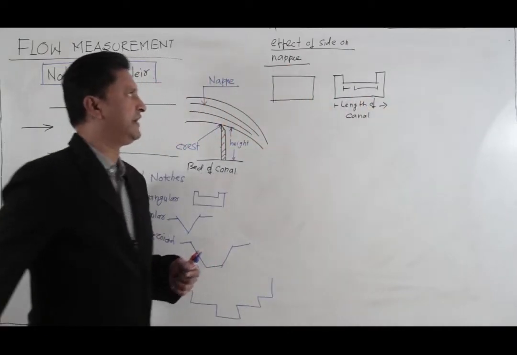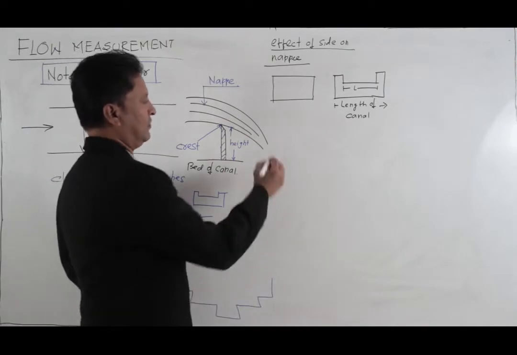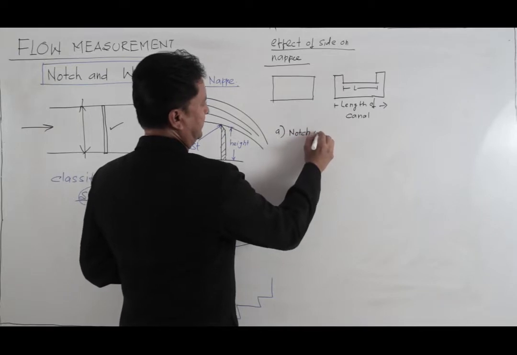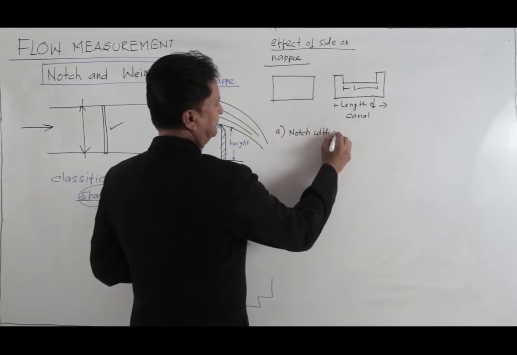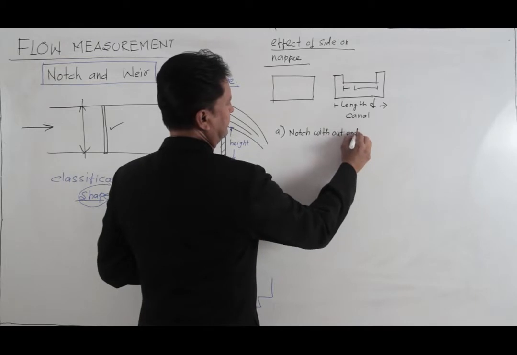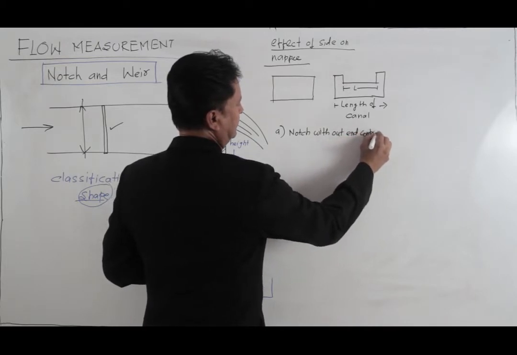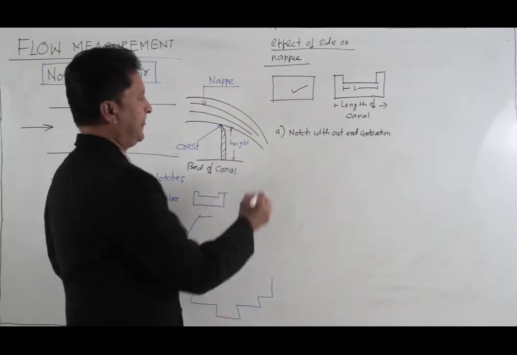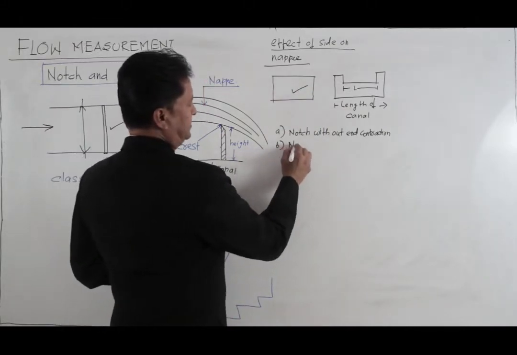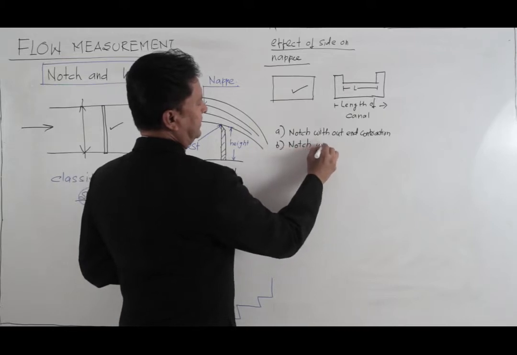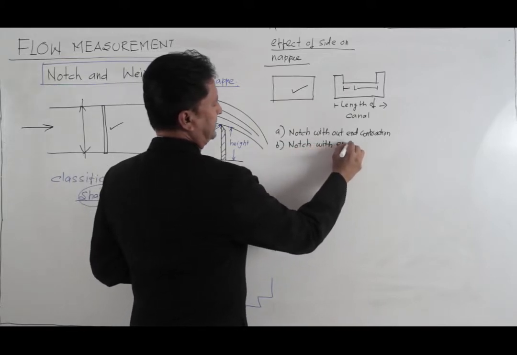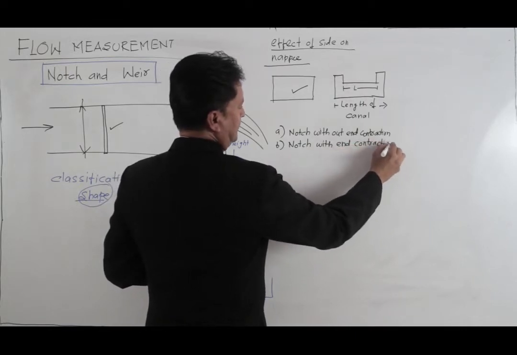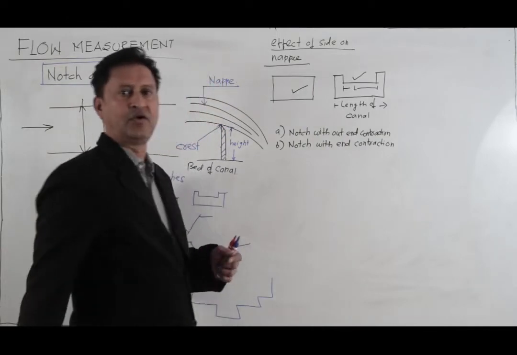Now based on the effect of side on the nappe, you get one as notch without end contraction, this one, there is no end contraction, and second will be notch with end contraction. So this will be a notch with end contraction.